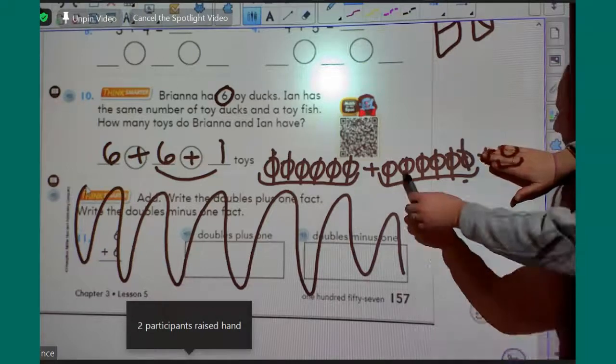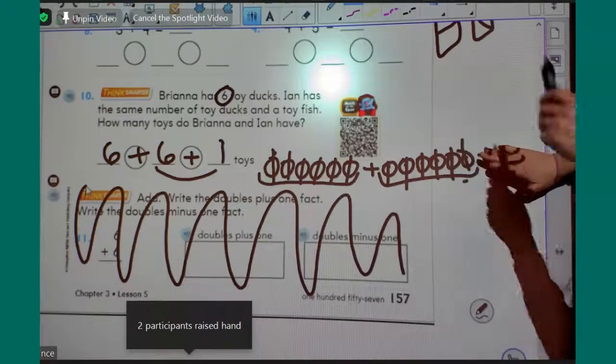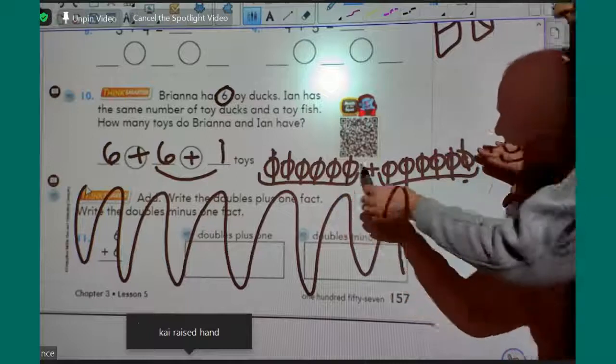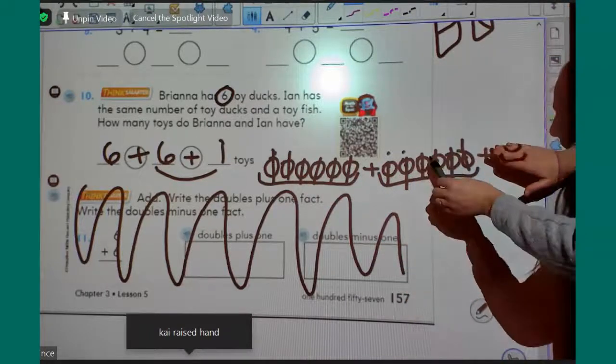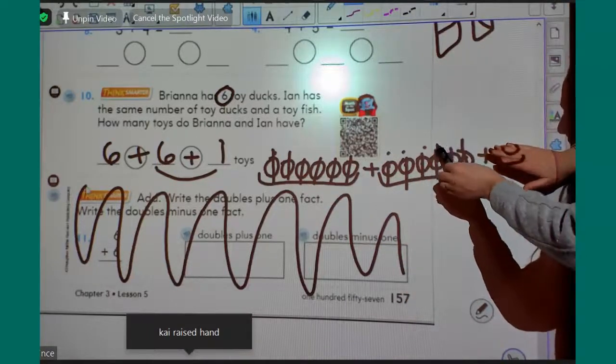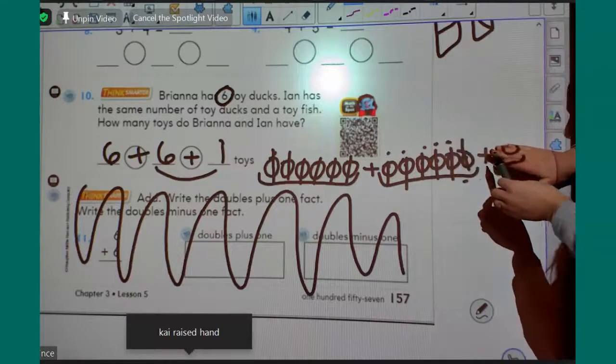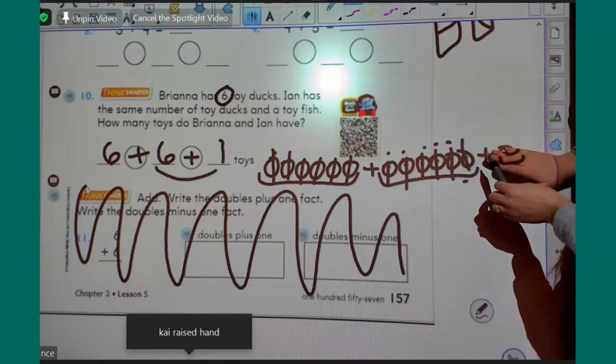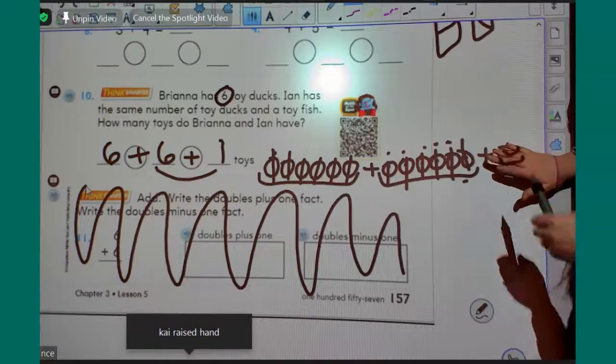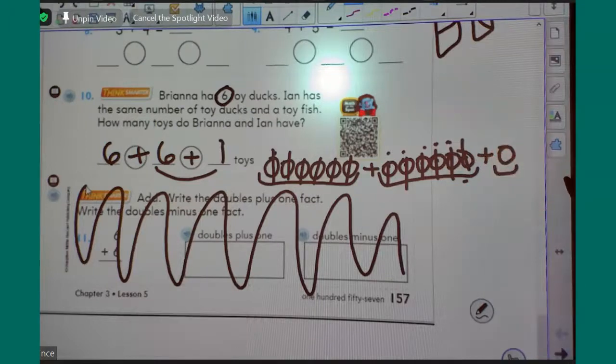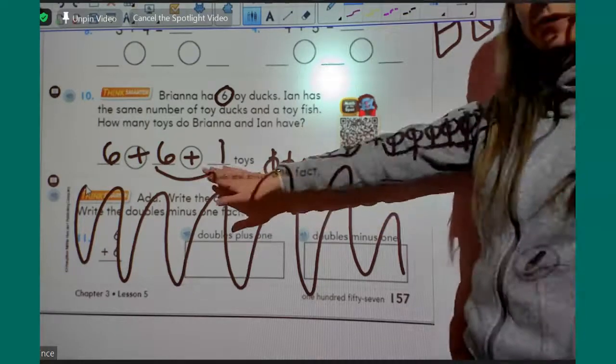Jose, so we have to stop counting when I stop crossing them out. So 6, 7, 8, 9, 10, 11. I didn't have enough room to draw my circles, so I made them in circles, or I did them up. That's okay. So we have 12.